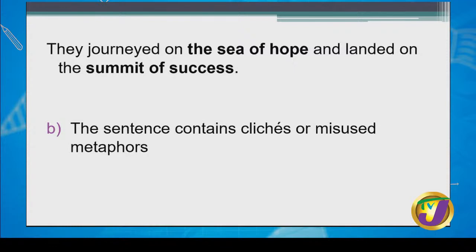You associate a summit with what? A hill or a mountain. So how do you move from the sea and land on the mountain? What kind of interesting land formations do you have in your little geographical location that you can journey on the sea and land on a mountain? All right, so remember, don't misuse your metaphors.